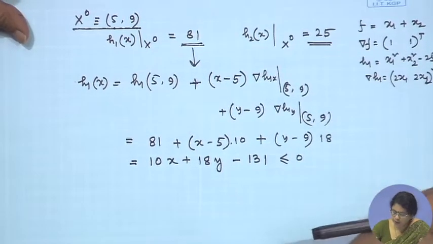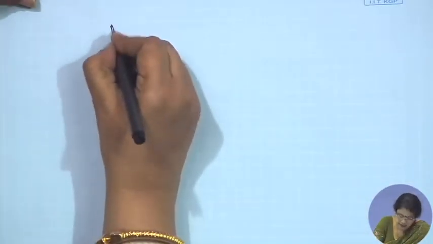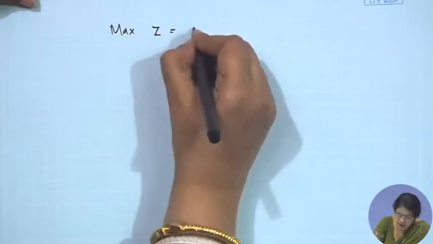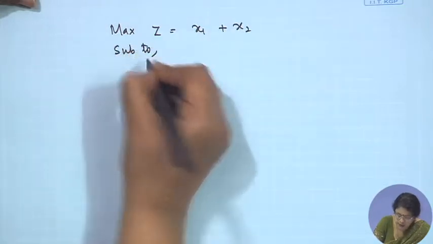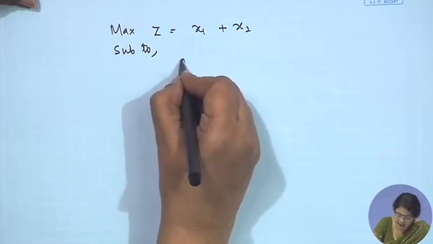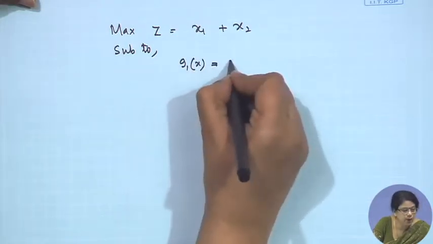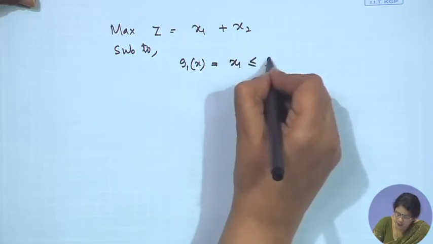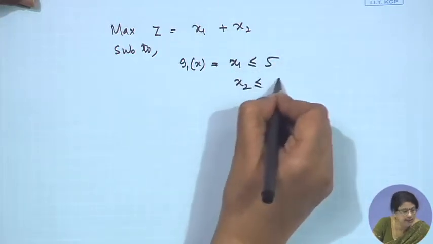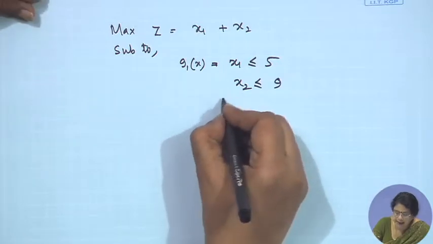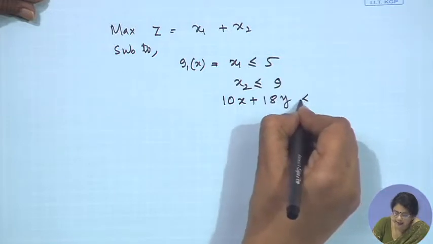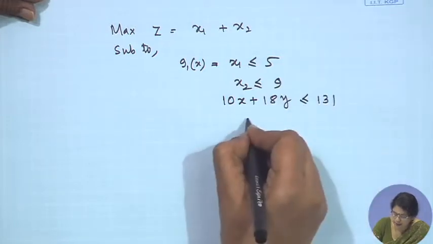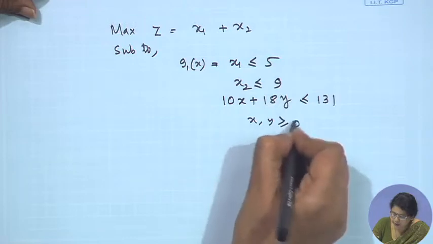That is why what we will do, we will formulate the problem as maximization of z equal to x1 plus x2, subject to g1(x) is x1 less than or equal to 5, x2 less than or equal to 9, and newly I will put 10x plus 18y less than or equal to 131, x, y greater than or equal to 0.